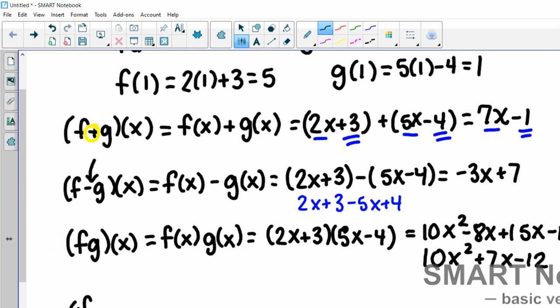Last, in terms of arithmetic, if we're asked to divide two functions, f divided by g of x, that means I'm going to take f of x and divide it by g of x, and then do the best I can with that. So f of x looks like 2x plus 3, 5x minus 4 is my g, and depending on which class of mine you're enrolled in right now, this happens at a different time in our book.